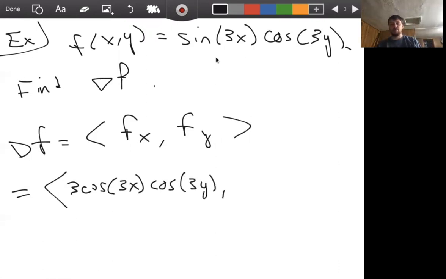The partial derivative with respect to y is negative 3 sine 3x sine 3y.